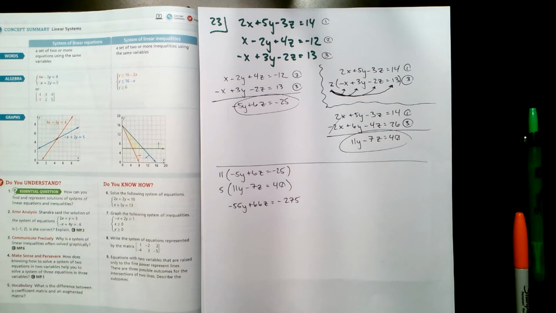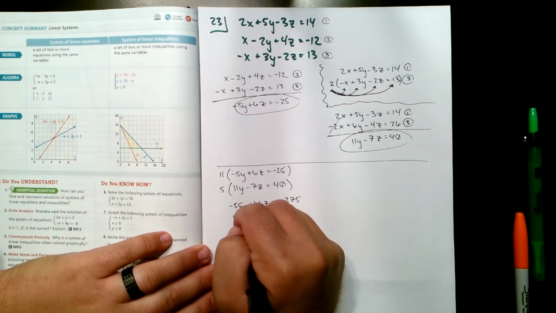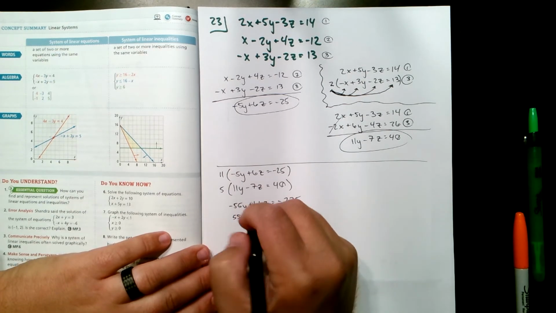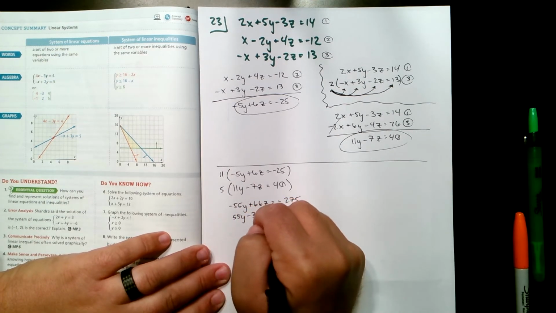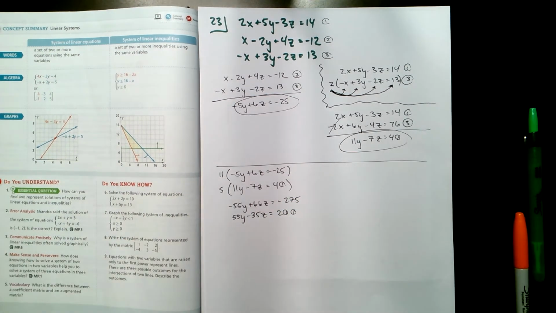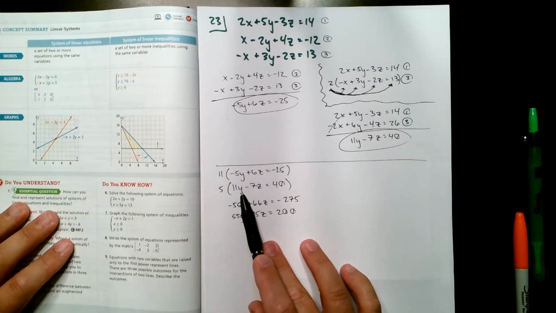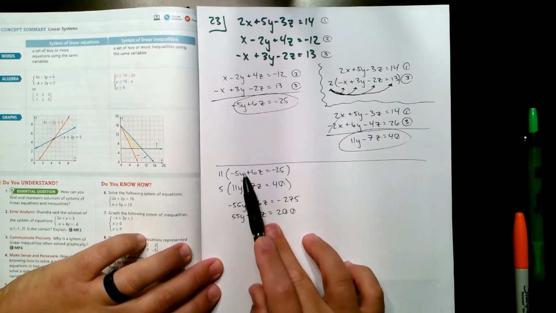I have to make sure that's right, because otherwise it's going to get us all screwed up. 25 times 11. Perfect, 275, negative 275. Then the second equation, 5 times 11, that's 55y. 5 times negative 7z, that's negative 35z. 5 times 40, 200. All right.